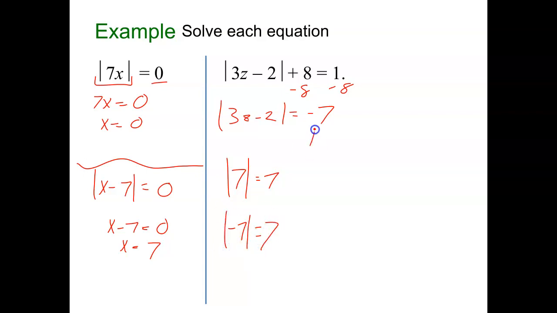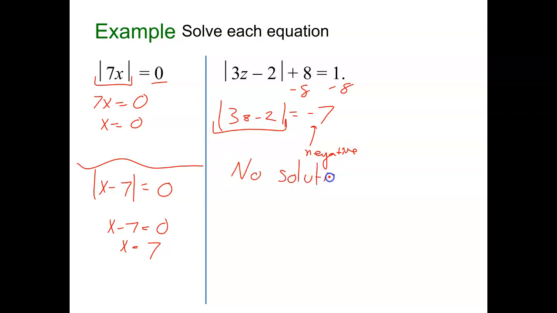Then how can I get my absolute value to equal negative 7? You can't. No solution. If your absolute value is isolated and it's set equal to a negative, then that's the only time you're going to get no solution.